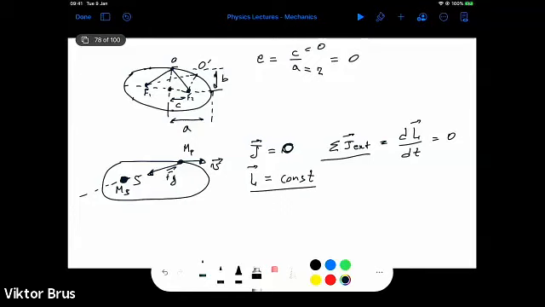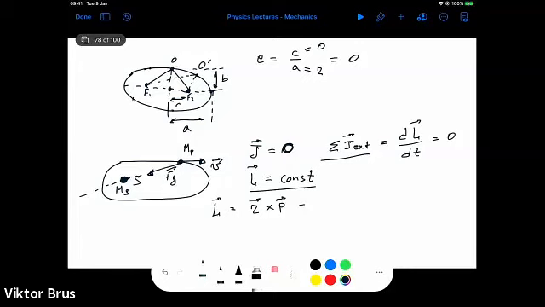So let us remind how we define the angular momentum of a particle which rotates about some axis. That was equal to the vector product of the radius vector and the linear momentum vector.